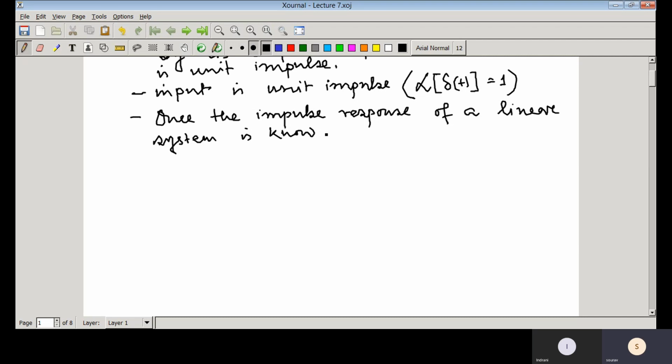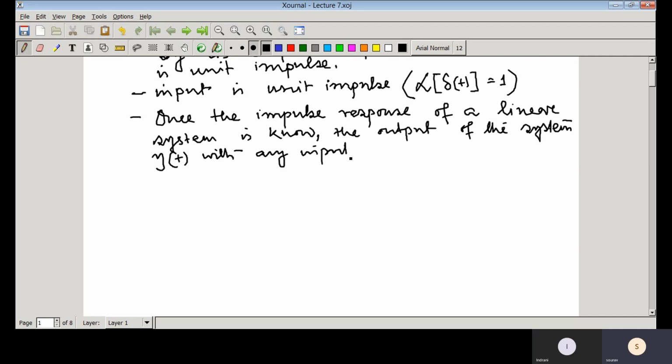So whenever you know the output response of the system corresponding to that unit impulse, then the output of the system, that is y(t), with any input u(t) can be found by using the transfer function.